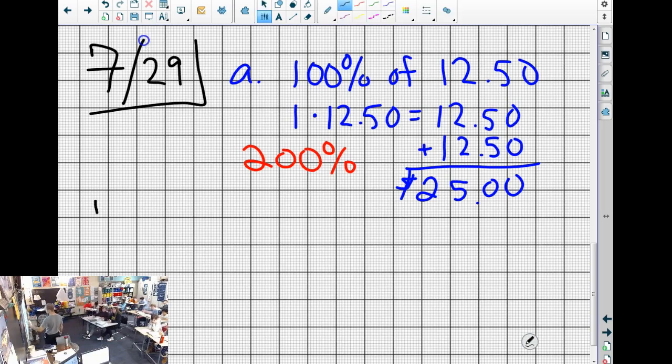anybody started part B yet? 9.375. Hold on. I need a calculator.